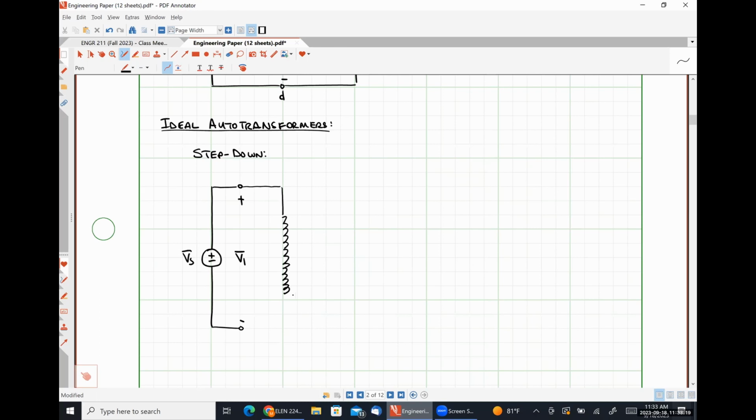We would have one long coil like so, and then a tap off of this coil, where our secondary is defined. And then we would connect this to some load.